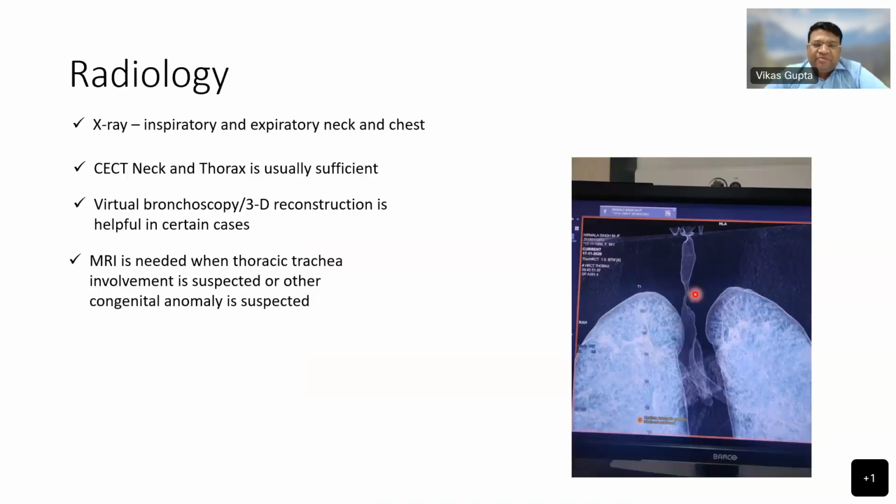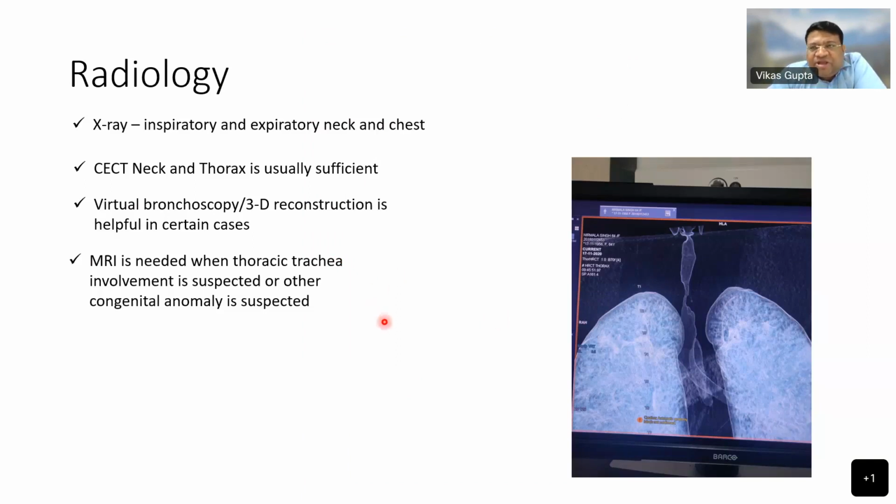Now our findings can be corroborated with radiology. As I told, we initially get a chest X-ray. Usually the CT neck and thorax is sufficient. MRI is mostly not required in these patients, unless you are suspecting mediastinal pathology or mediastinal stenosis, where there is an additional advantage of doing an MRI.